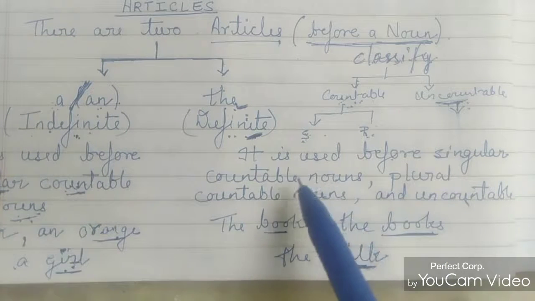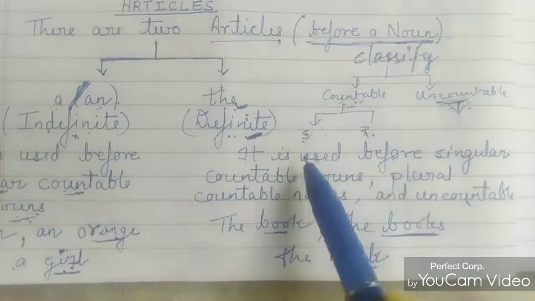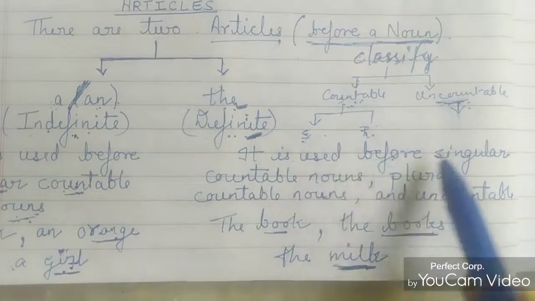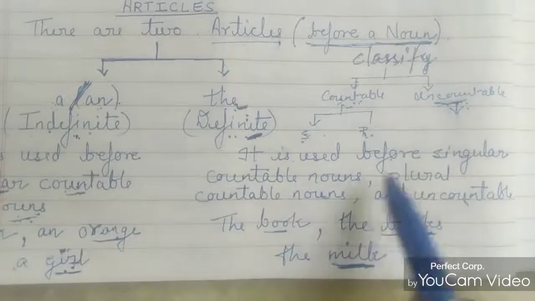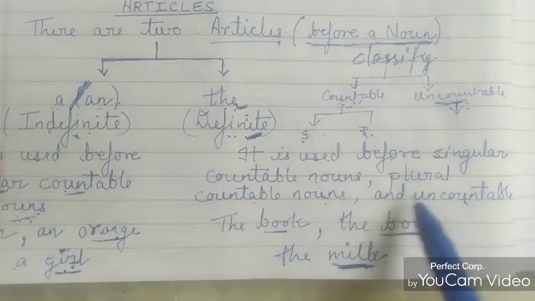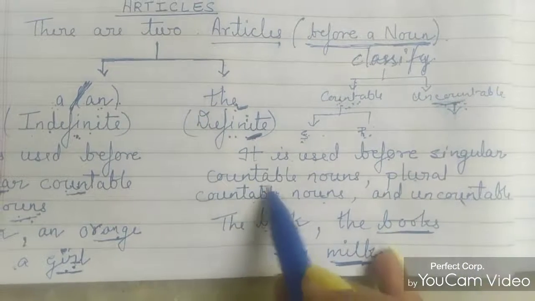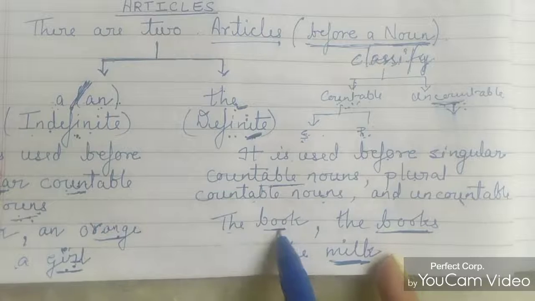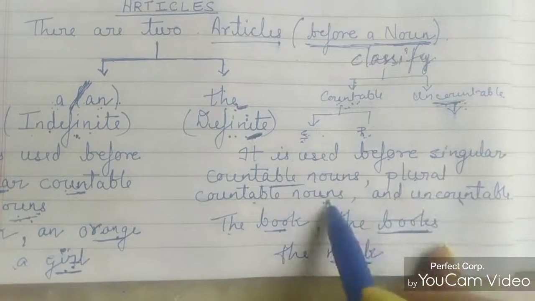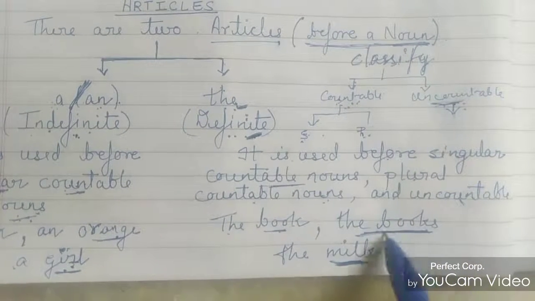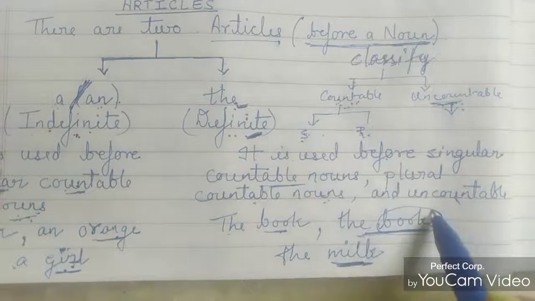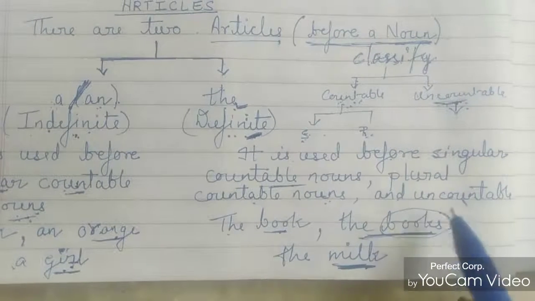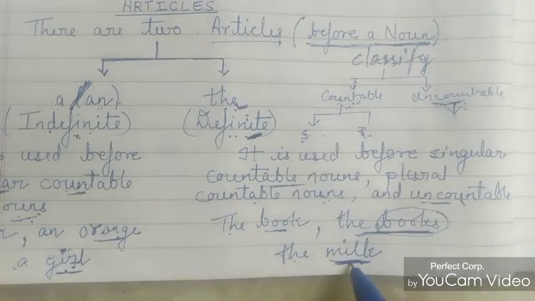Unlike that, the is used before singular countable nouns, plural countable nouns, and uncountable nouns. Like countable noun: the book. Plural countable noun: the books. Uncountable: the milk.